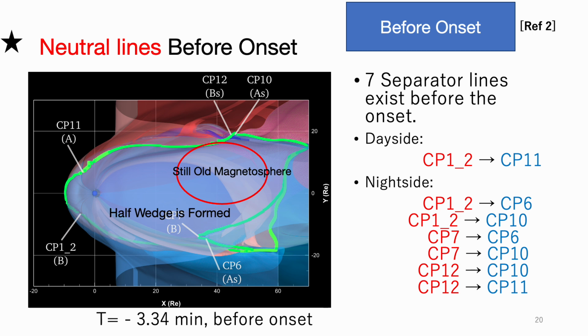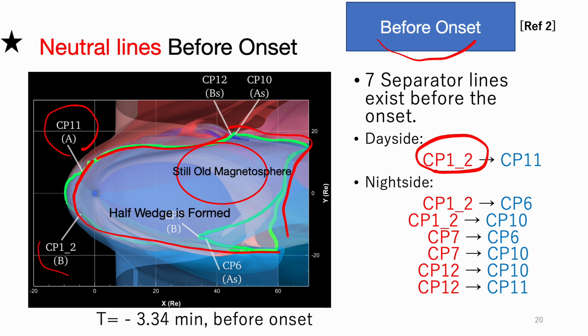So let us see the topology just before the onset. We have CP1, we have an A-type null and a B-type null. However, now we have more nulls. These nulls form a complex magnetotail topology.